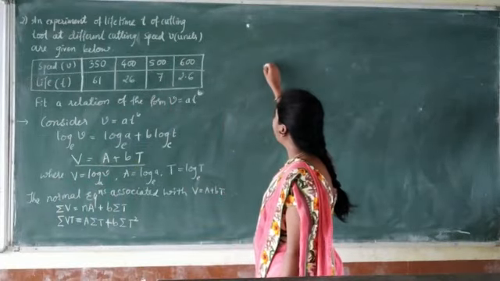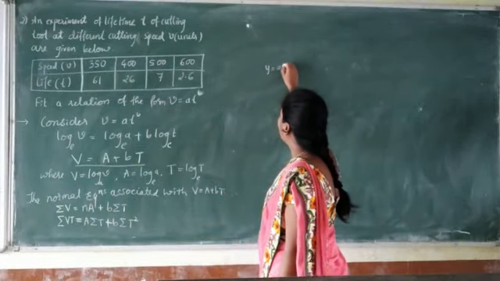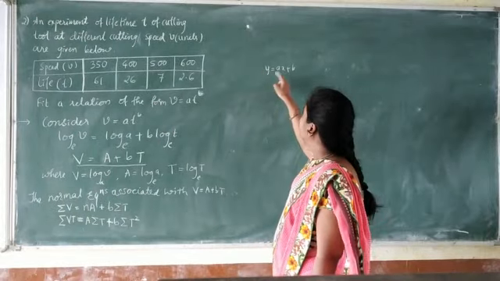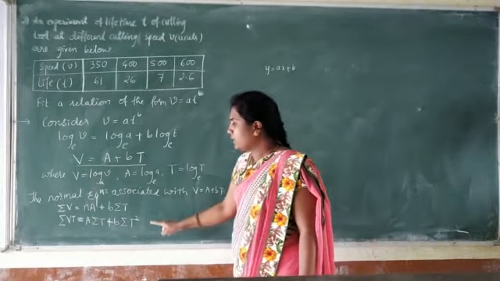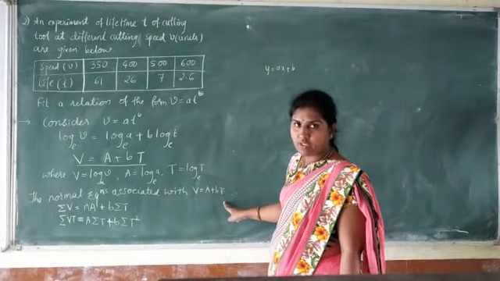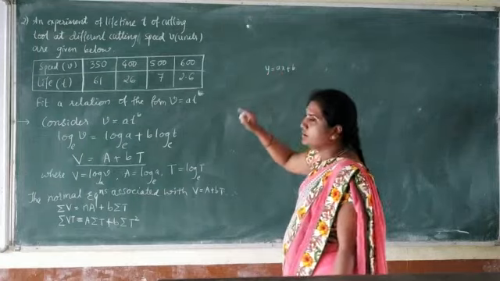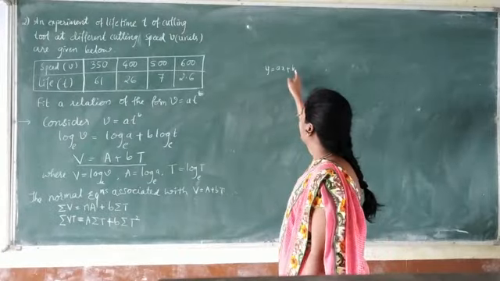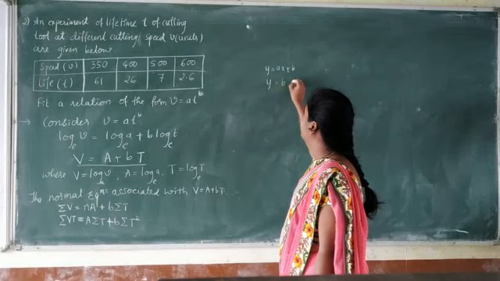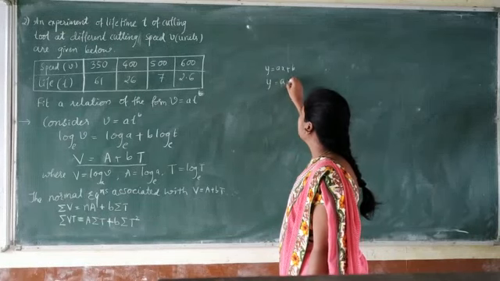Means we have the equation y equals ax plus b. We need to write the normal equations according to whatever equation we have. Here y and x change, and the parameters a and b also change, like y equals a plus bx.